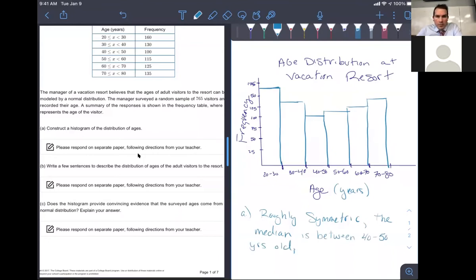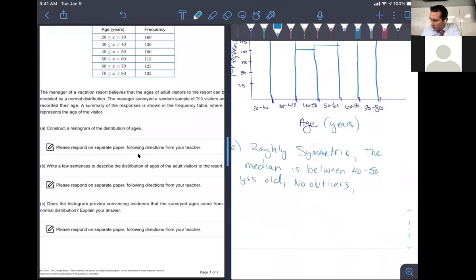What else should we talk about? There's no outliers. We do want to talk about the spread, so the range of ages. We could say evenly spread out, but what's the minimum age? 20.